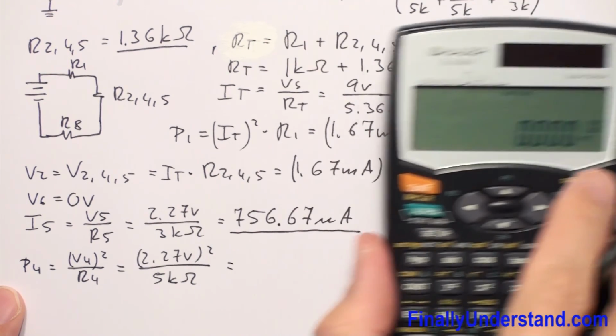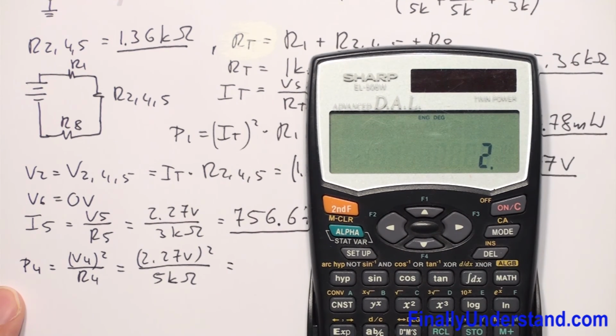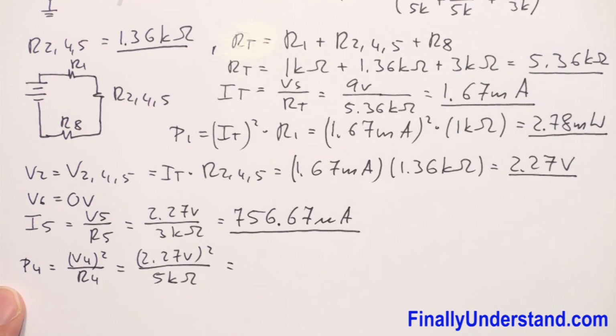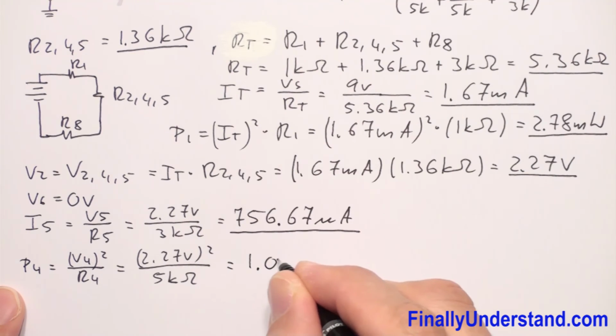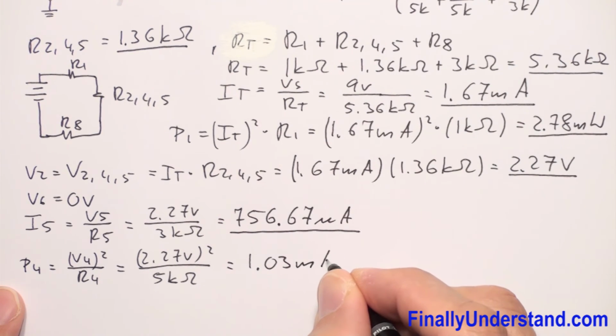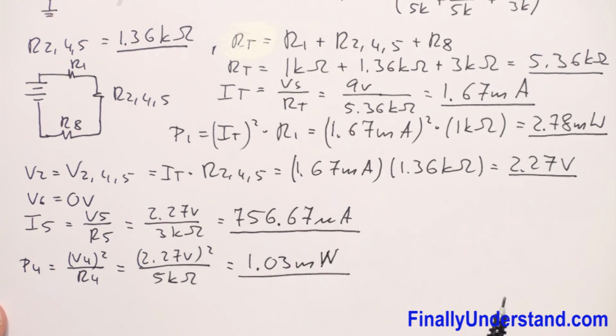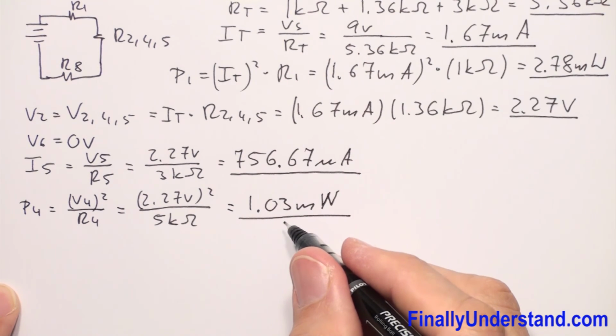This is 2.27 squared divided by 5×10³, which is equal to 1.03 milliwatts. Okay, so P4 is equal to 1.03 milliwatts.